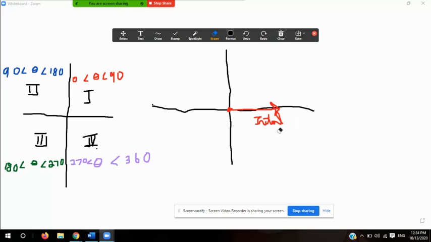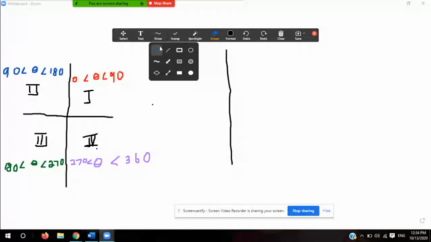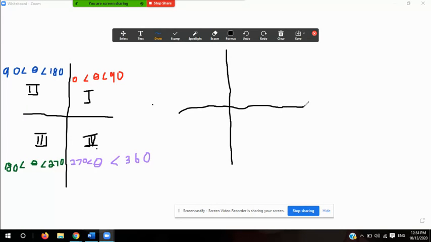All right. So example number 1 for this section is, if I'm not mistaken, on page 68, I believe.